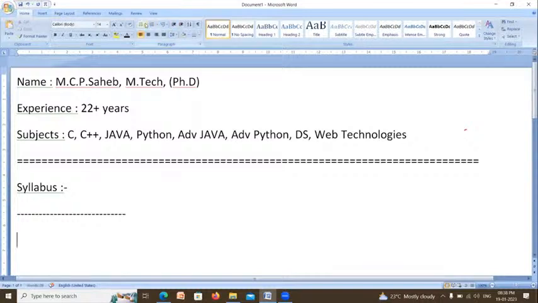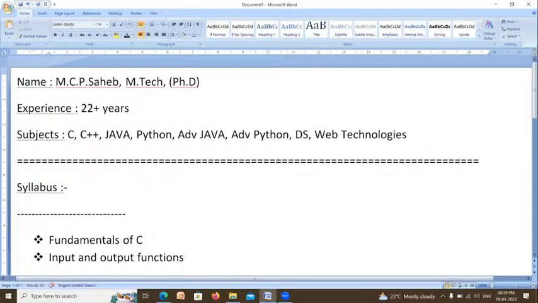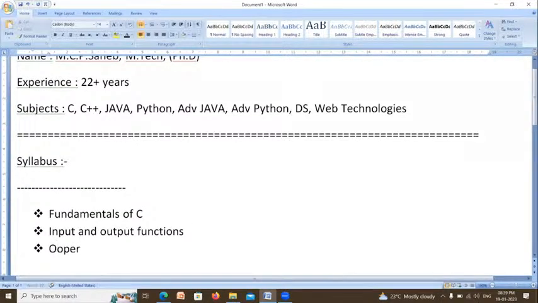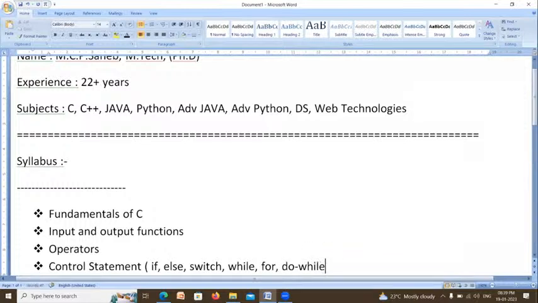I will teach the fundamentals of C. Next, input and output functions available in C. Operators available in C. Control statements like if statement, else, switch statement, while, for, do while, break, continue, goto, like that.